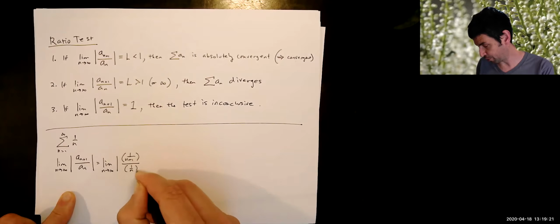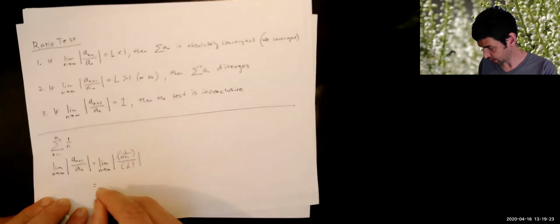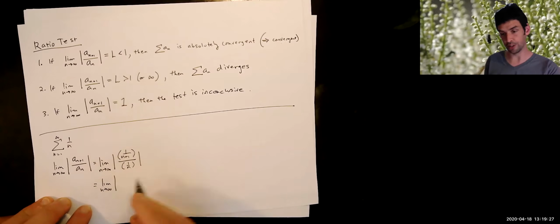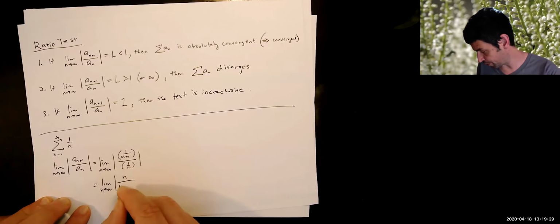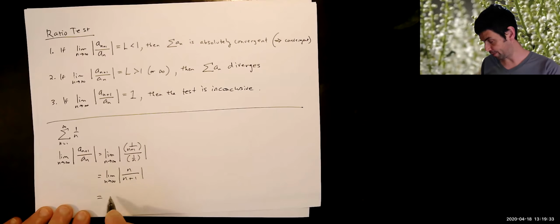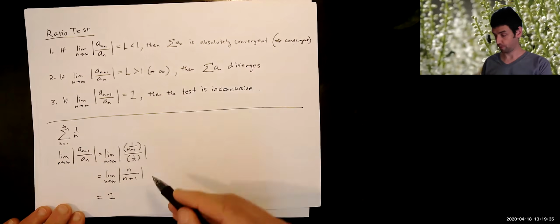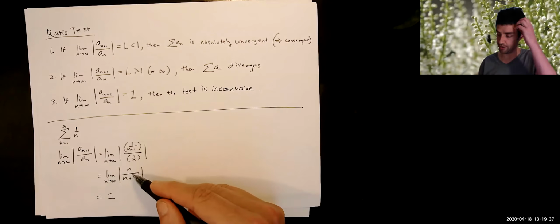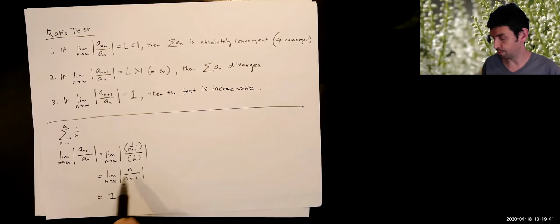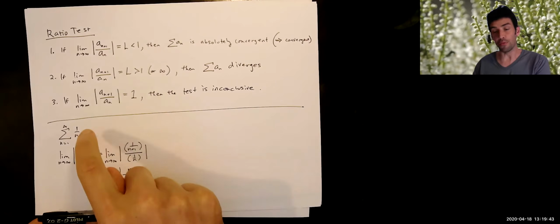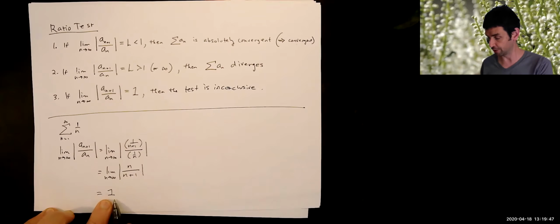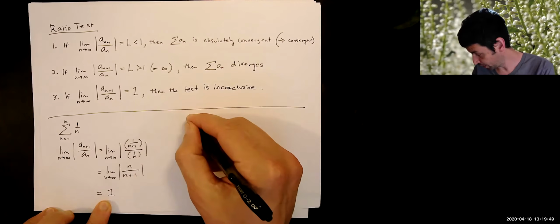The nth term is 1 over n. Just doing a little bit of algebra, this becomes the limit as n goes to infinity of n over n plus 1. And this limit is just 1, right? The absolute value doesn't change anything here. These are positive numbers anyway. But this is the harmonic series, and we know that this actually diverges. So this is an inconclusive case. 1 doesn't tell us anything.